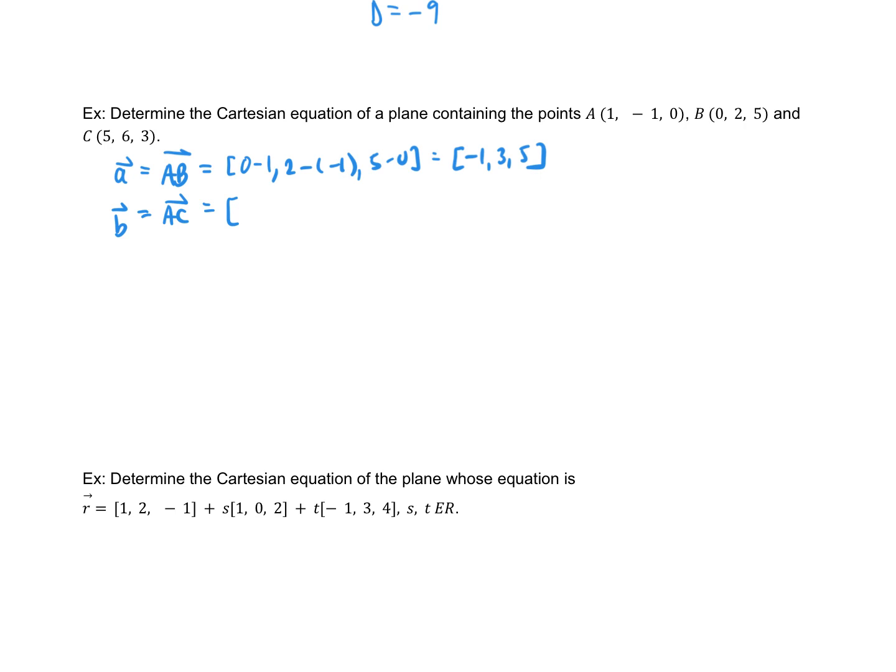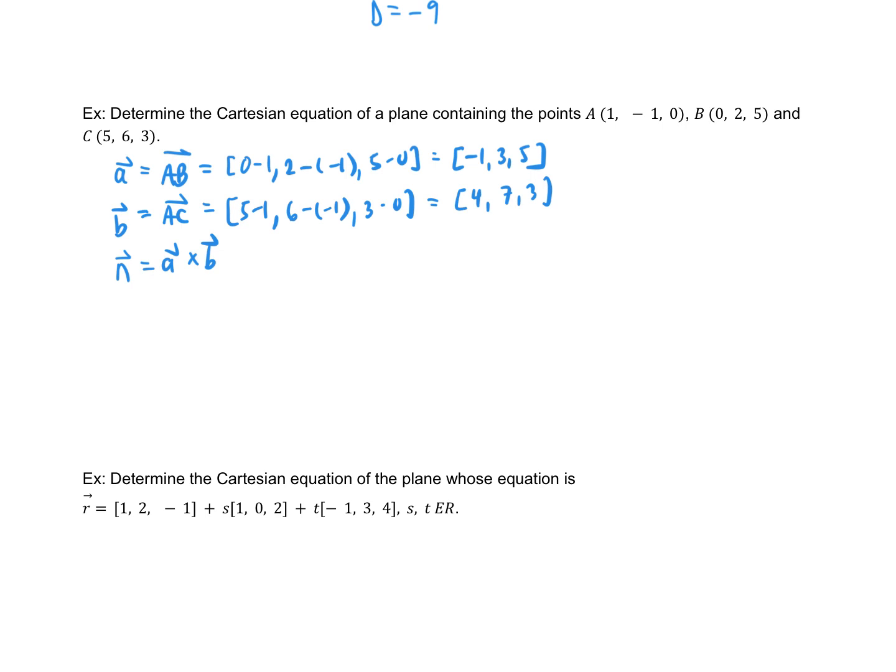So for AC, I'd have 5 minus 1, 6 minus -1, 3 minus 0, to get 4, 7, and 3. Now that I have two direction vectors, I can find the normal, because the normal will be the cross product of AB and AC, because the cross product gives us a perpendicular vector.